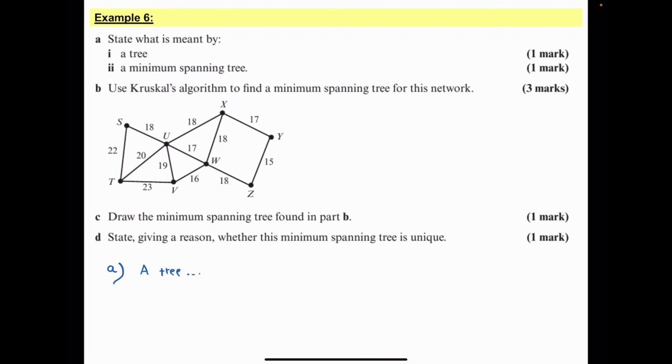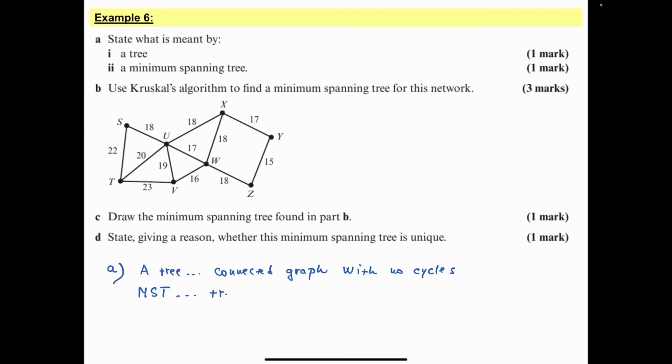the exam. So if you can recall, a tree is a connected graph where there are no cycles. And then a minimum spanning tree is obviously a tree where the sum of the weights of the edges that connect all possible vertices is as minimum as possible, or smallest as possible. So it's definitely a tree.